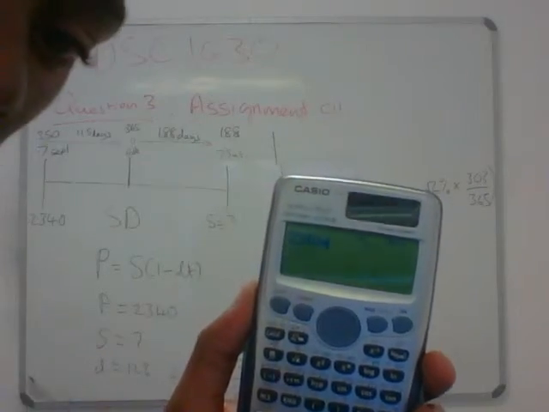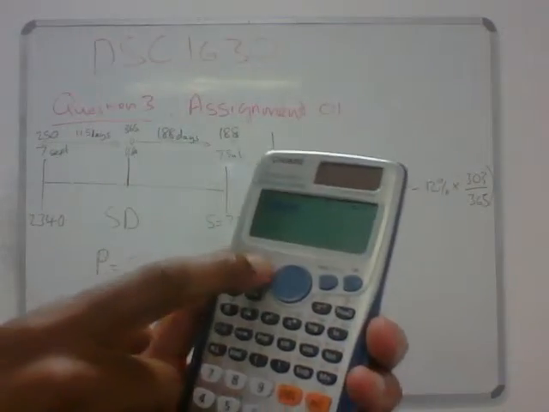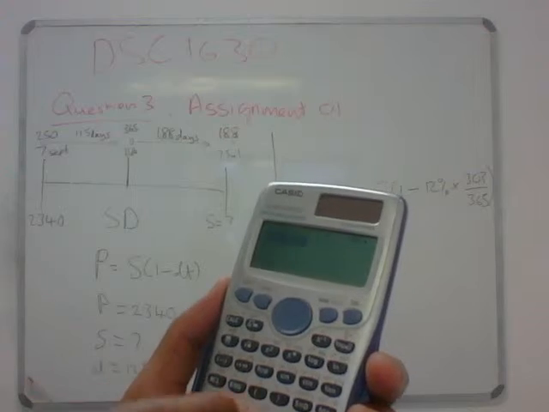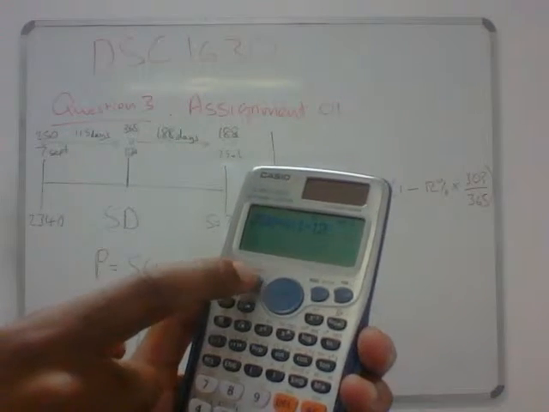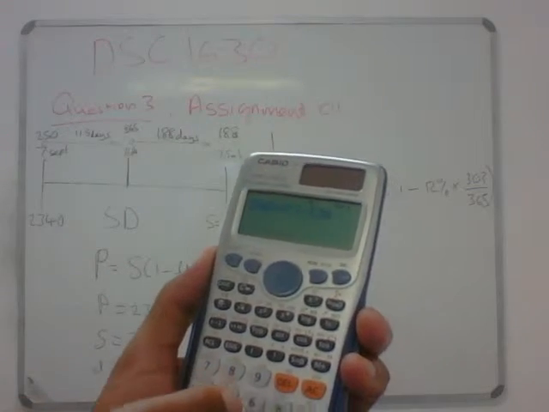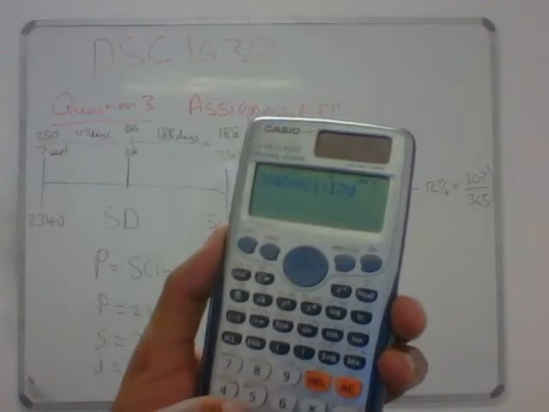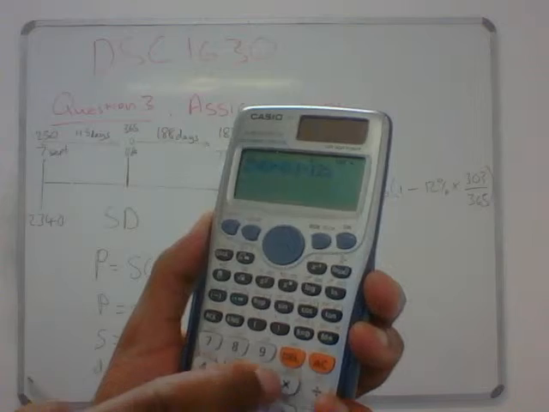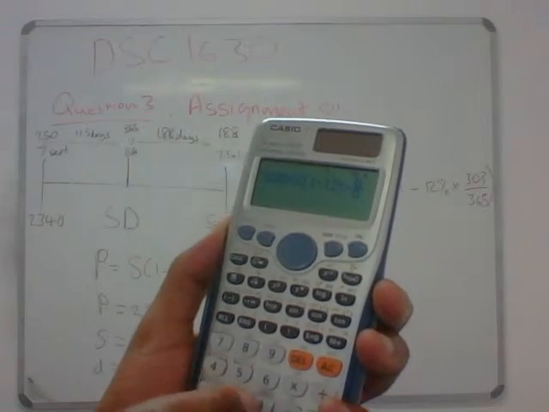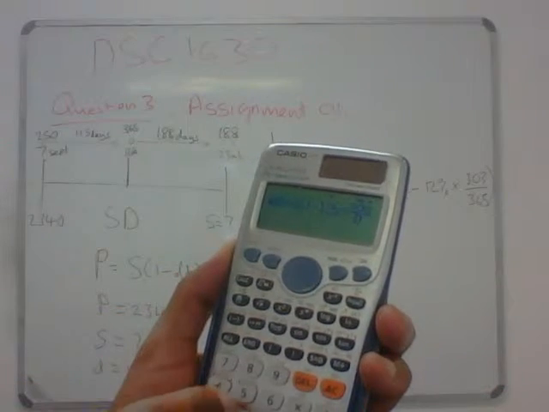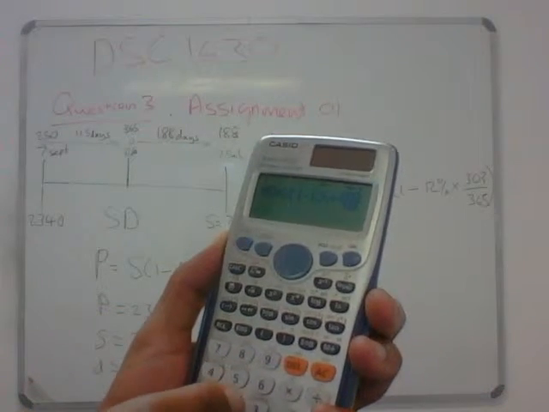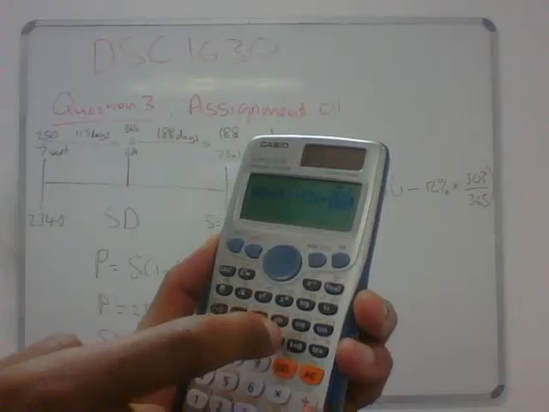So on this calculator, every unknown, you must put it as X. So alpha X. Then I have 1 minus 12%, shift percent. Then I have times 303 over 365. Then I close the bracket.